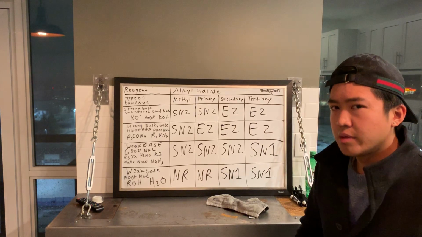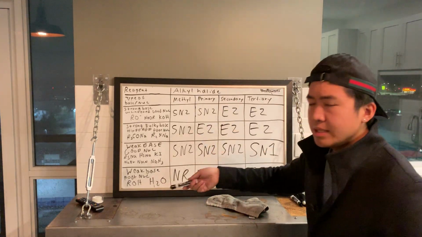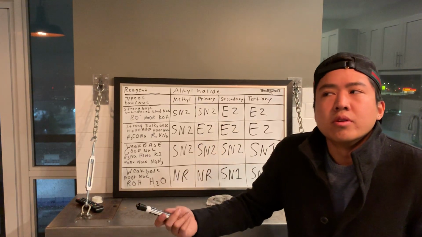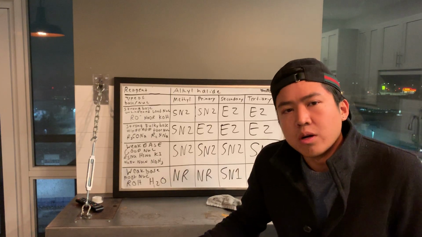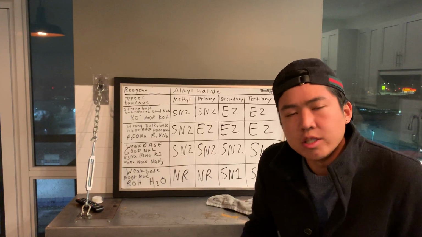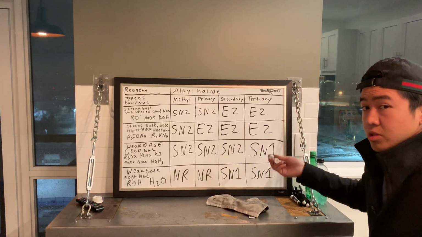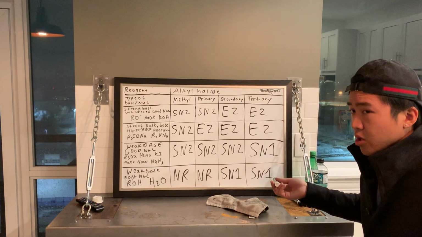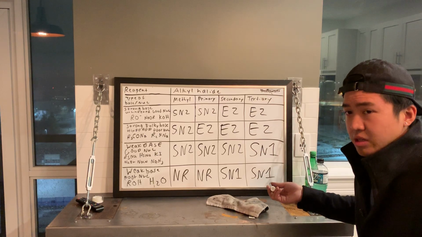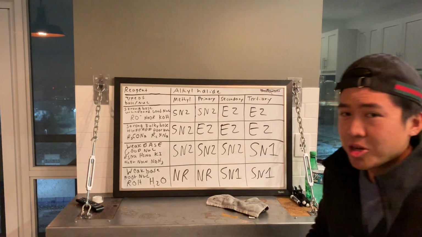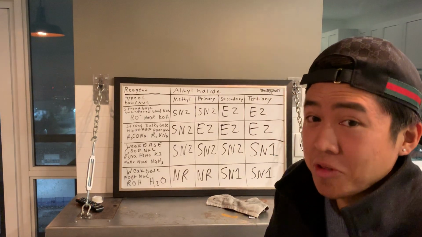Methyl, SN2. Have we seen any elimination in methyl? No, because you can't form a double bond with one carbon. You just can't. Have I seen any SN2 in tertiary? No, I haven't seen the SN2 in tertiary because it's too hindered. It also doesn't happen in aryl or vinyl, by the way.